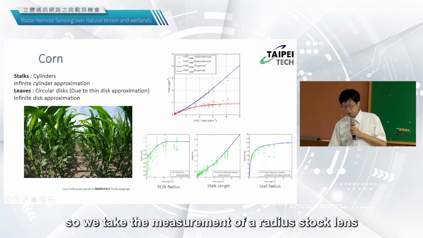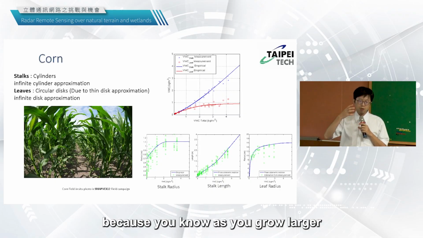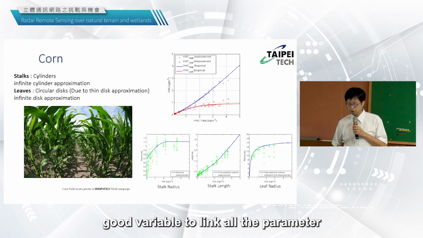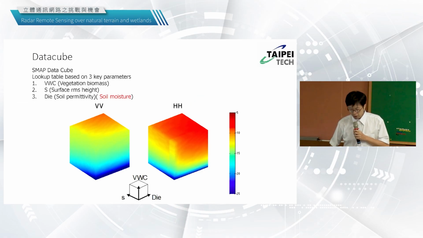So we take the measurement of radius and stalk length, and correlate that to the vegetation water content. Because you know, as you grow larger, you contain more water. So the water content will be the good variable to link all the parameters regarding the vegetation.